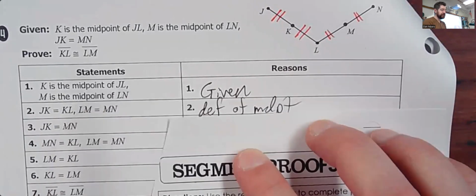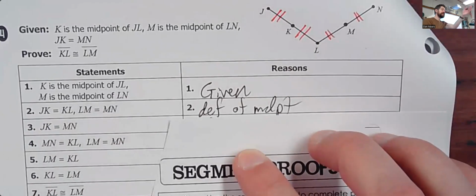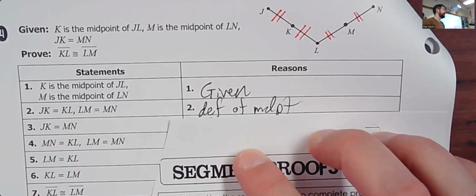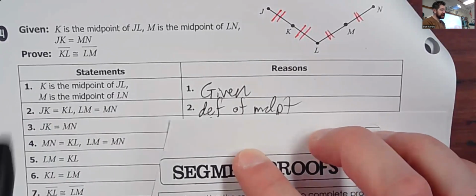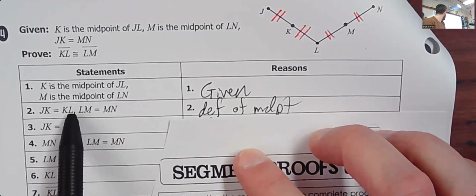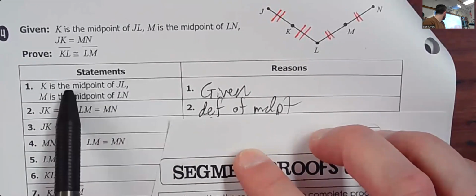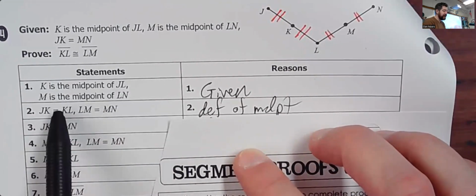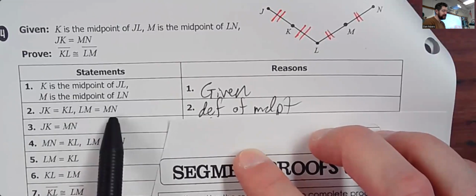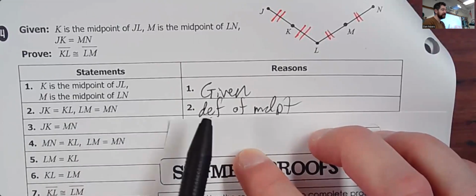It's going to be definition of midpoint because middle means that a segment is being cut in half, meaning one part of a segment is equal to the other part of that segment, which JK and KL are the two halves of segment JL with K in the middle. Same thing with M in the middle of LN. LM is equal to MN. That's going to be our definition of midpoint.